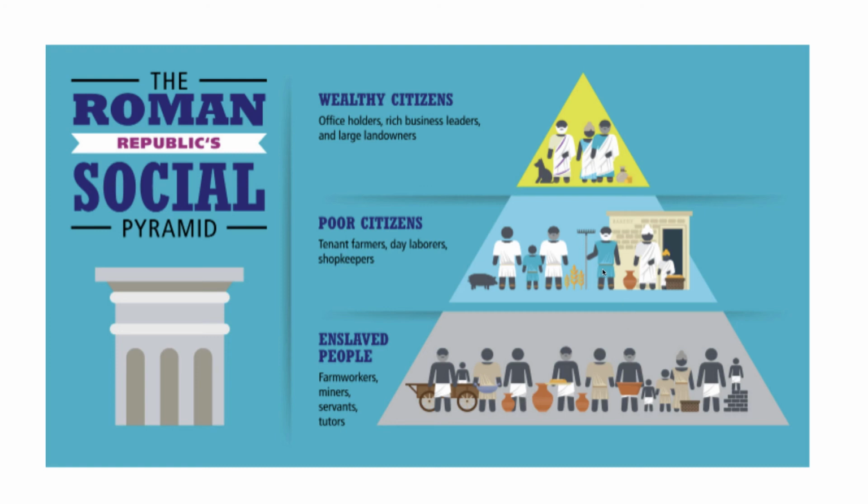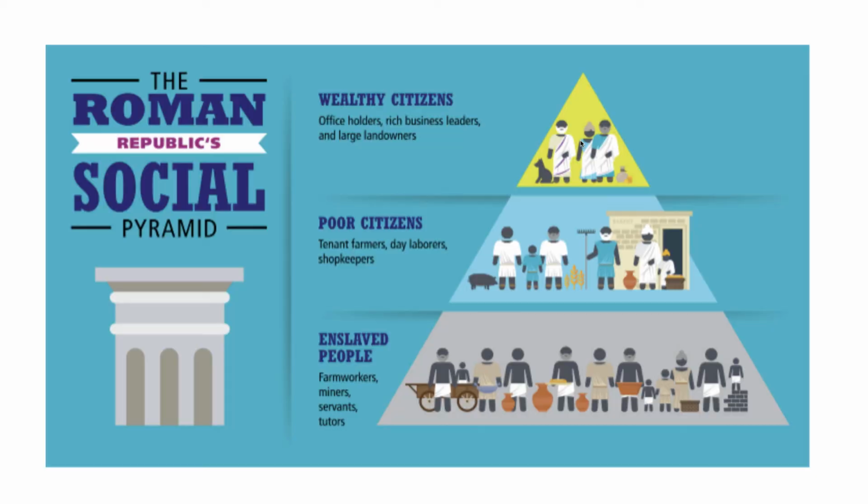In the midsection, the middle class were poor citizens. That included tenant farmers, day laborers, and shopkeepers. And at the very top of the pyramid were wealthy citizens. That included office holders, rich business leaders, and landowners. This is all part of the social pyramid of Rome.